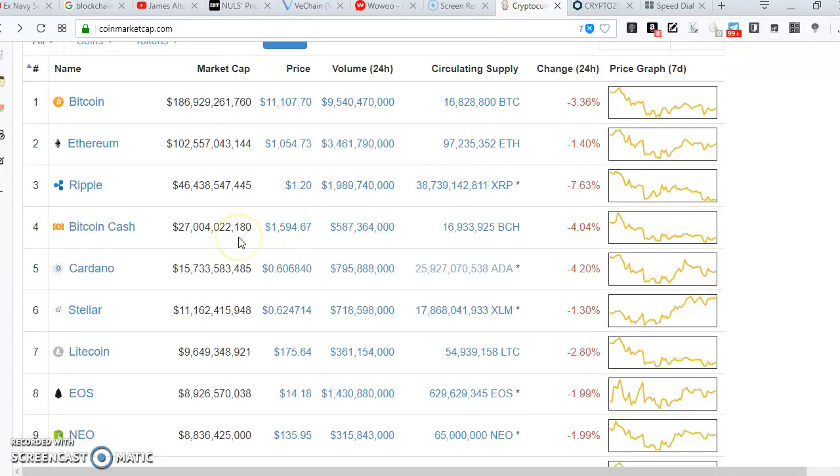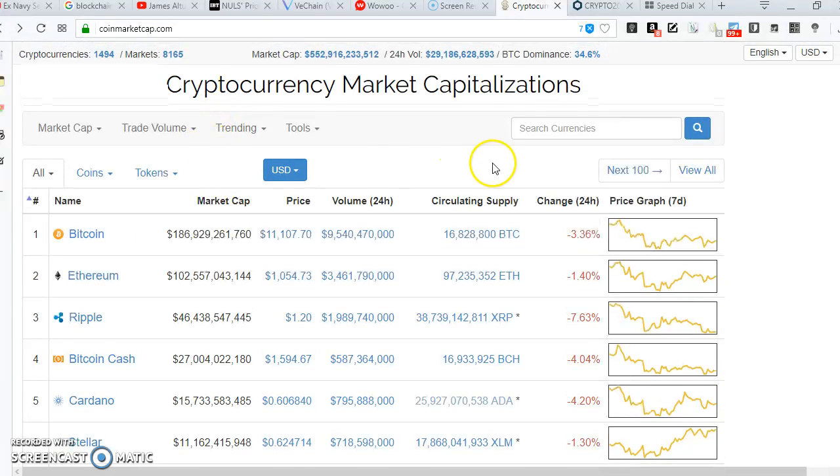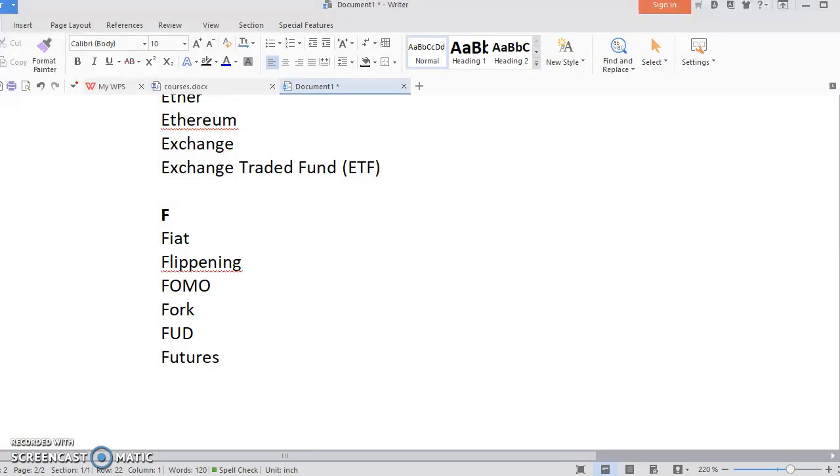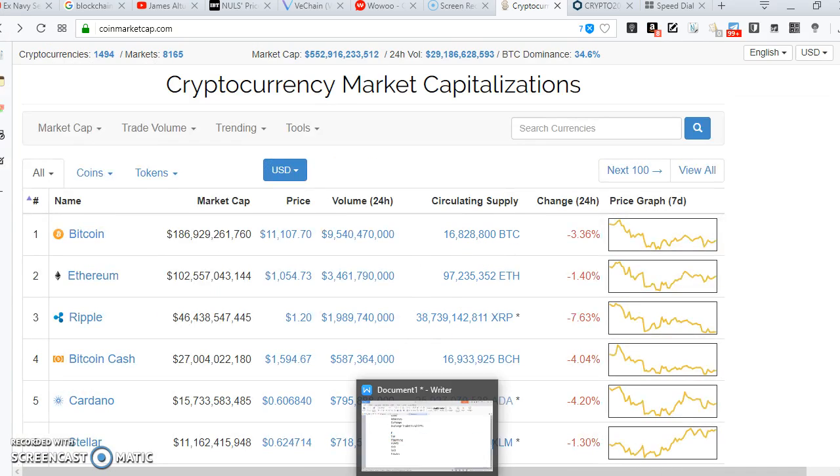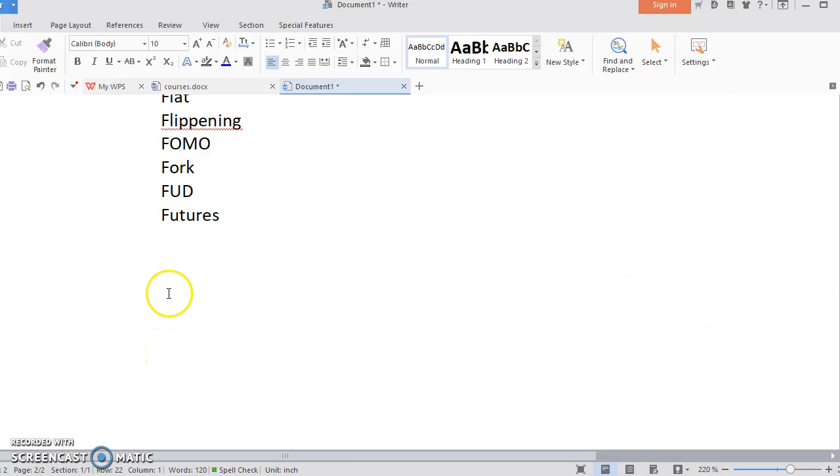They are selling most times based on emotion also. So the cryptocurrency market is almost like a market that is not driven by knowledge, it's driven by emotion. Oh, let me get in before I miss out and the rest of them. And then futures has to do with when, let's say, a certain company is offering a kind of asset that will be traded on a regulated exchange at a certain time.